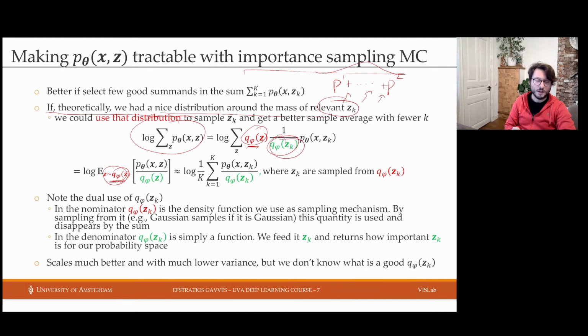The green q phi, on the other hand, acts as a normal function, which you give an input z, and you obtain a value. So again, if we had a Gaussian here, I can input any input and then see what exactly is the output of my probability density function, and that is exactly the purpose of the green q phi. It acts as a function which normalizes the joint probability that I'm computing for x, z.